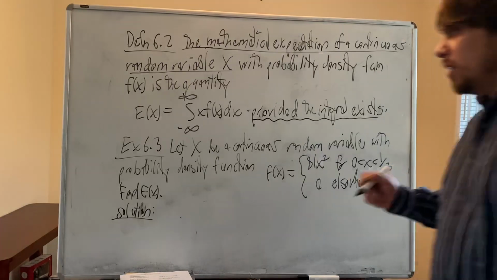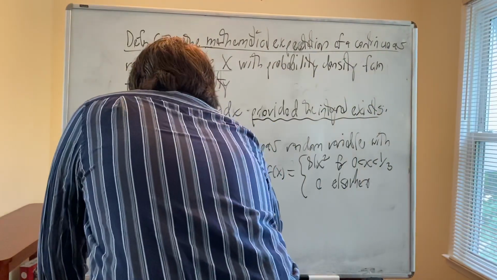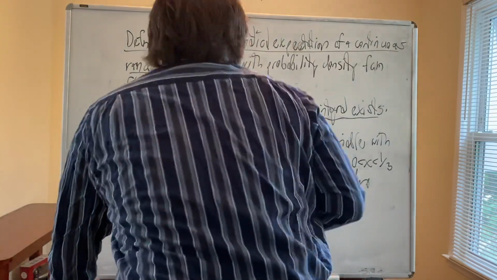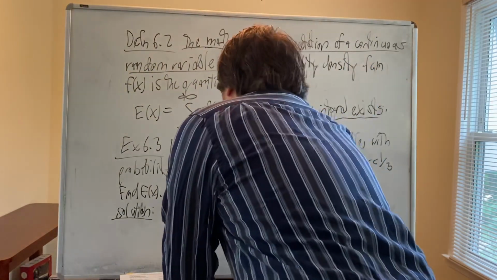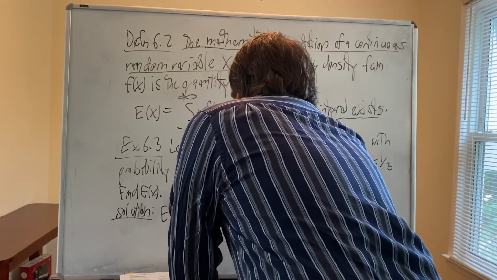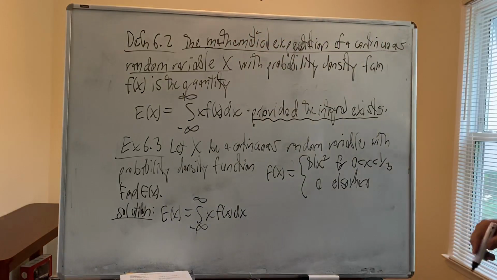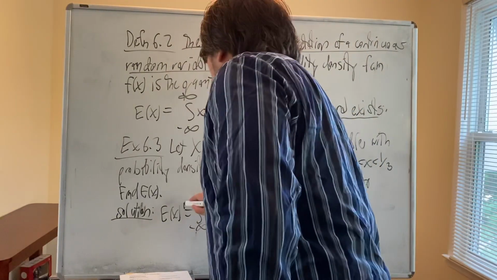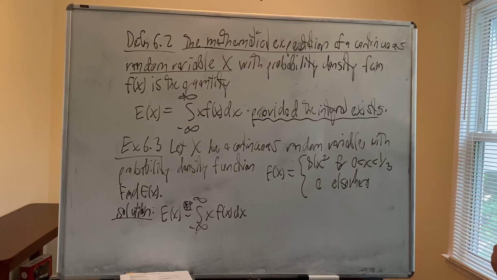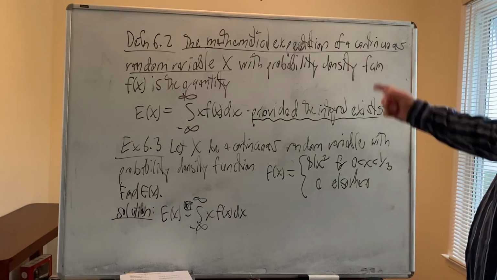Okay, so capital E of x is equal to the integral from negative infinity to infinity of x times f of x dx by the definition of the mathematical expectation of a continuous random variable capital X with probability density function f of x.